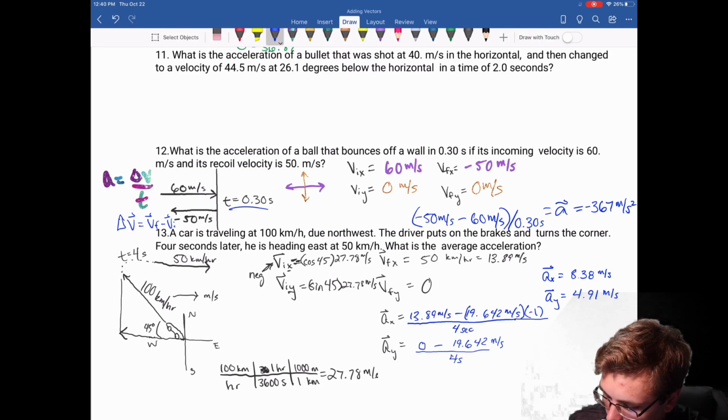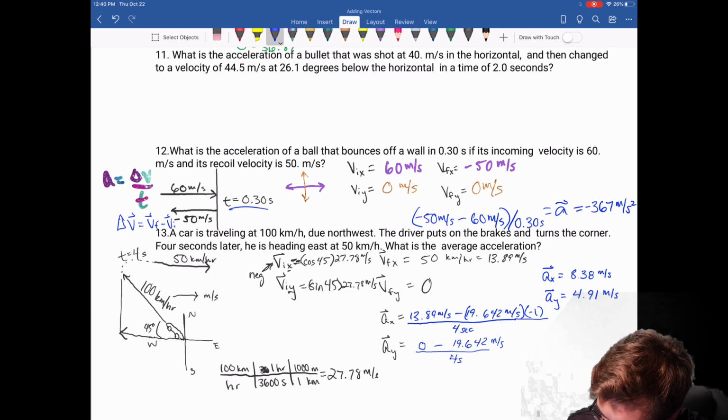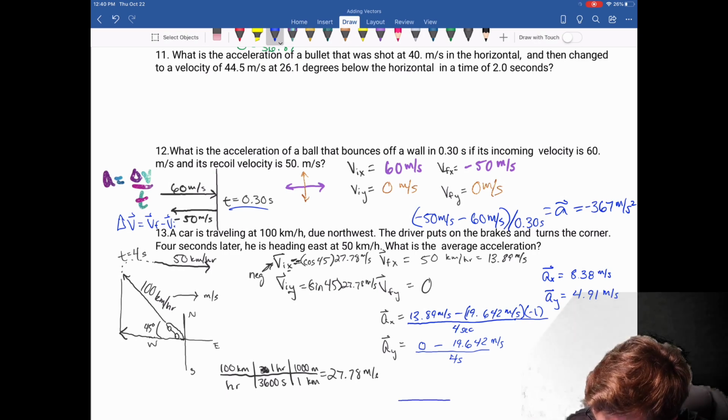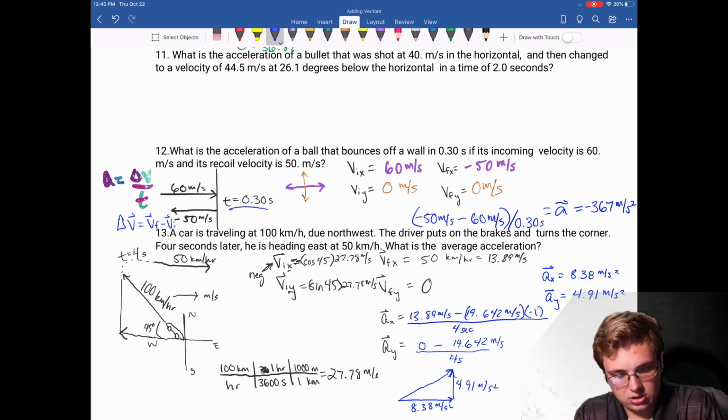So we put those together. We can draw a little triangle. I'll draw my triangle over here. We have 8.38 meters per second squared, and then we have upward at 4.91 meters per second squared, giving us a resultant vector.